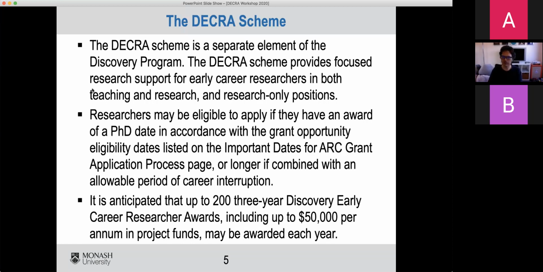So the DECRA scheme is an element of the discovery program, and it's designed to provide research support for early career researchers in teaching and research only positions. One of the things that you'll see when these are announced every year is there will be academics on continuing jobs who are receiving funding through the scheme.